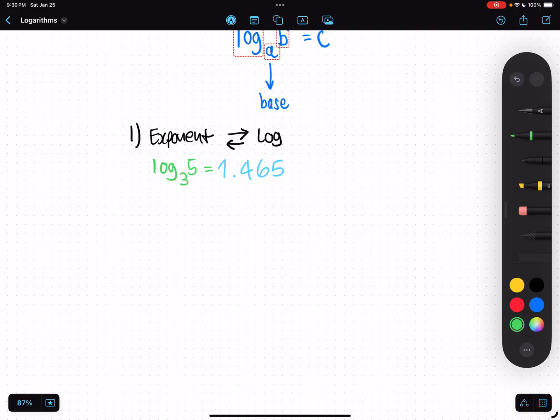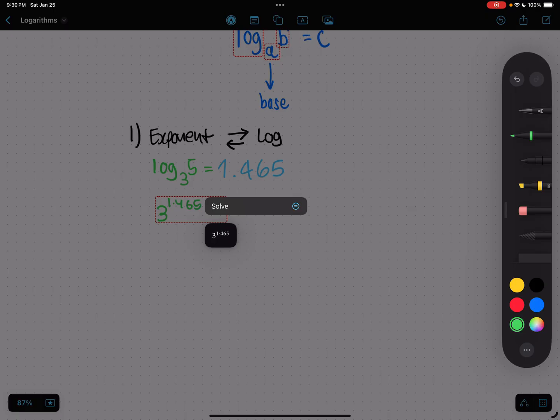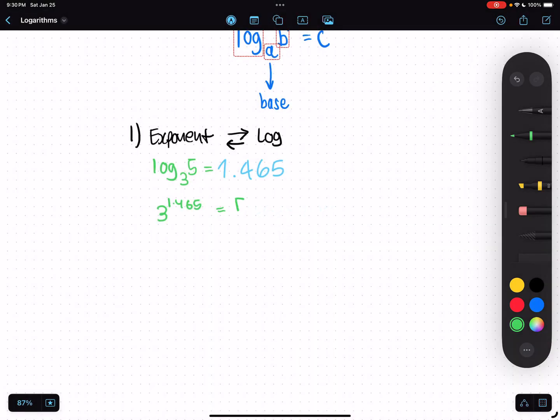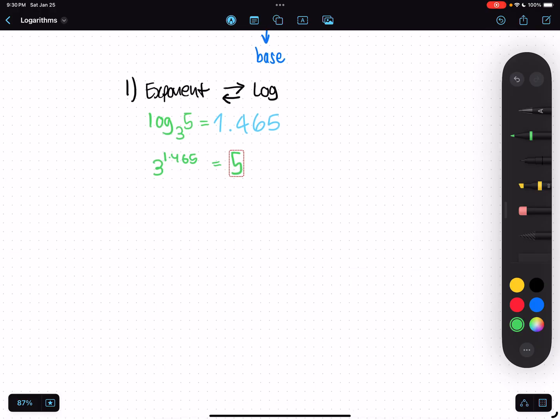Now using the transformation of exponent to logarithmic statements, we can do a cool thing and we can write it as 3 to the power of 1.465 is equal to, my bad, is equal to 5. So we can write this.